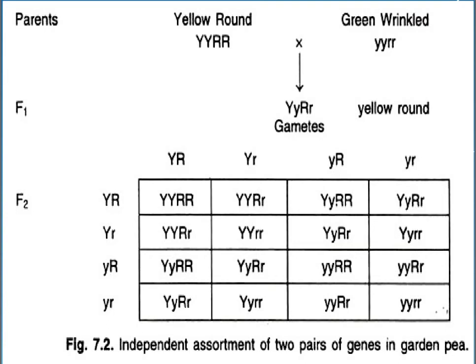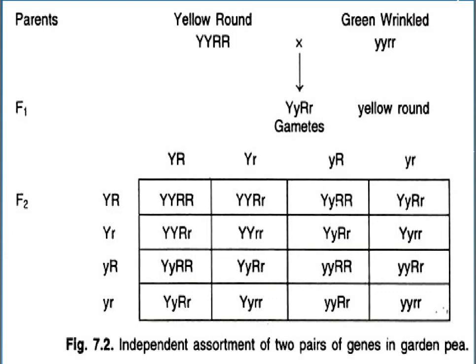The parents are yellow round and green wrinkled, and in F1 generation we get yellow round seeds.